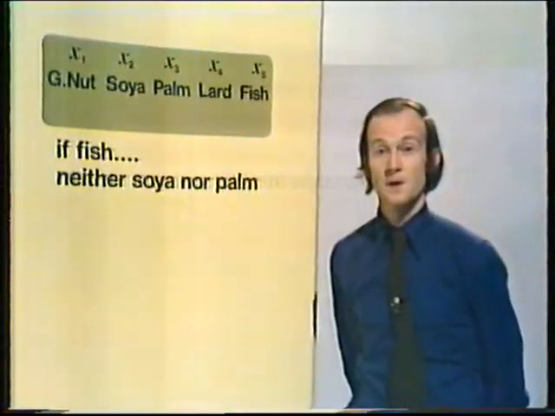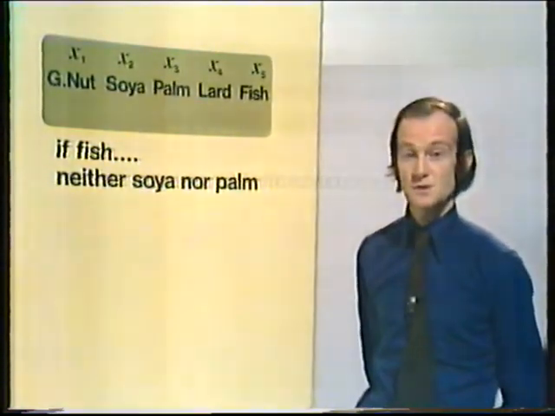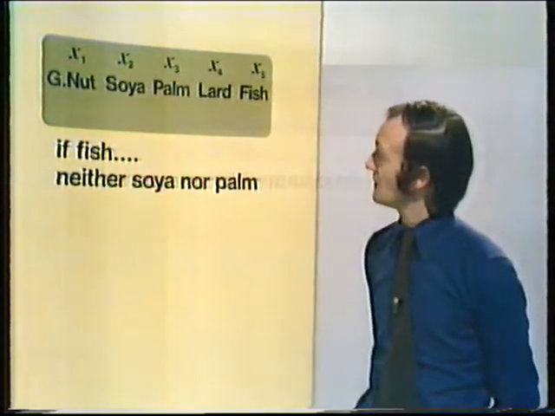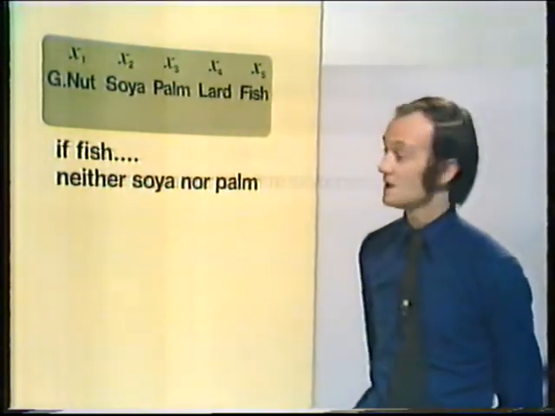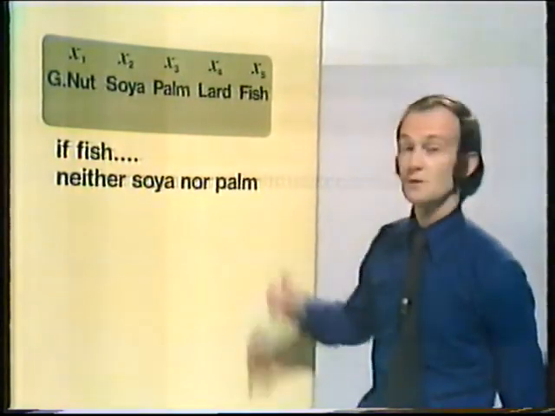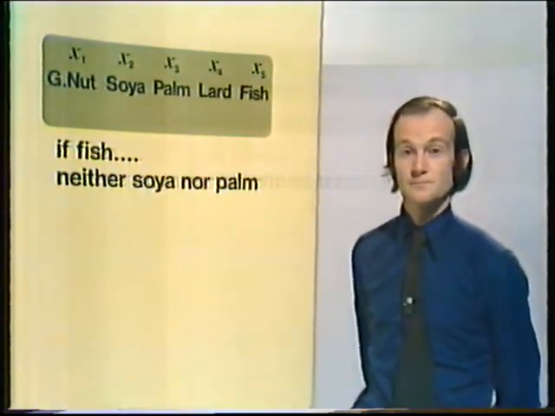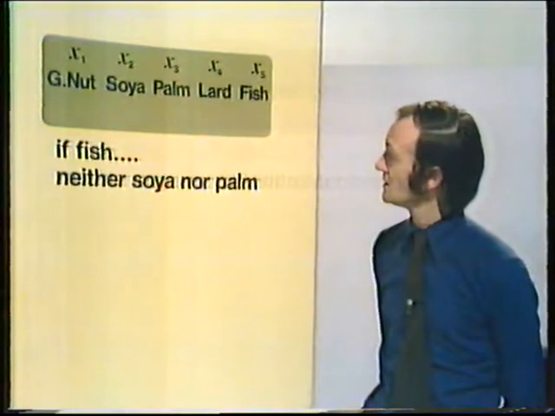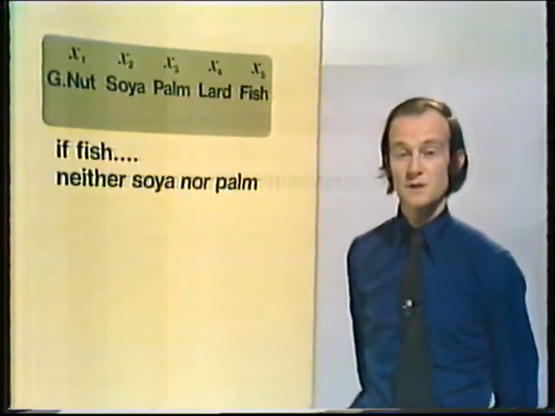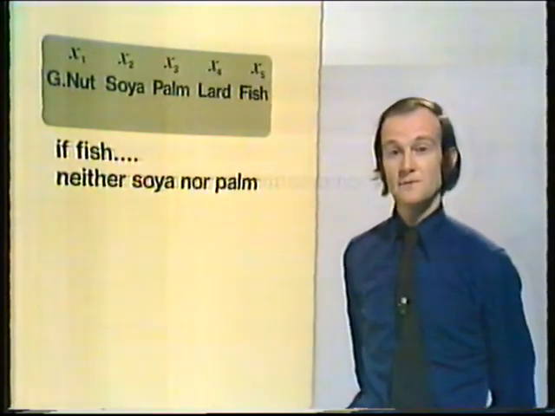We now have an extra condition that if we have any fish in our blend, it's not possible to have soya or palm as well. This extra condition can't be modeled by conventional linear programming. This is a case for integer programming.